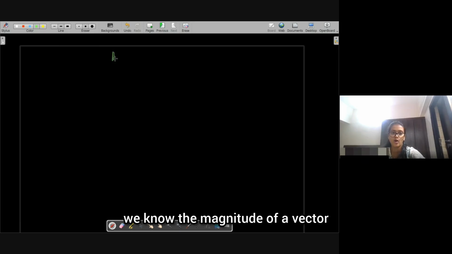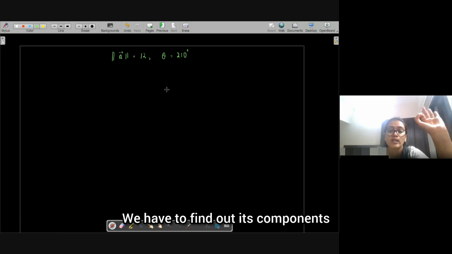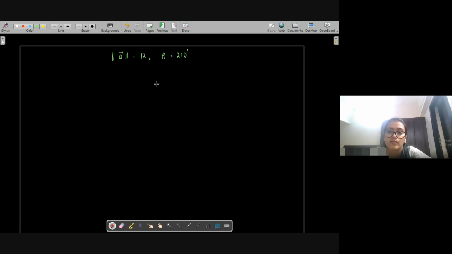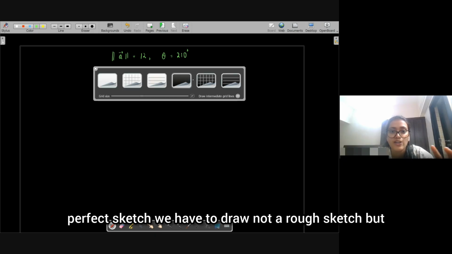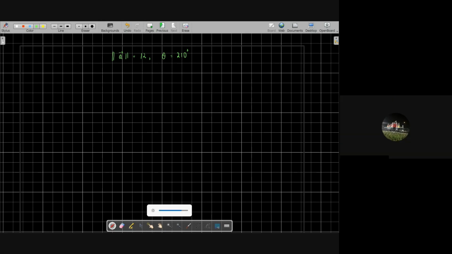Next, now we know the magnitude of a vector is, let's say, 12, and its direction is 210 degrees. We have to find out its components, and also we have to sketch the graph. A perfect sketch, not a rough sketch.